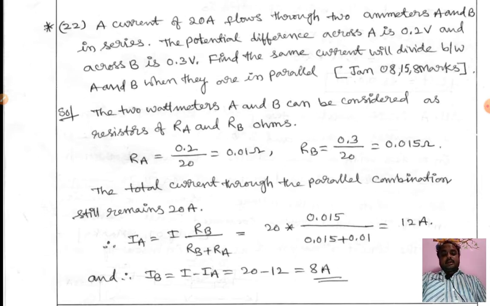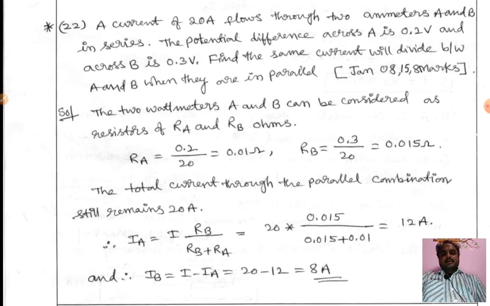The total current through the parallel combination still remains 20 amperes, right? So the total current remains the same. Now you find the A ampere current and B ampere current, since the ammeters are converted into parallel.